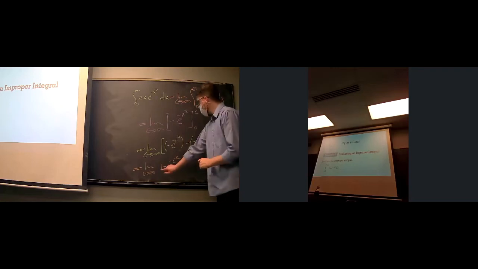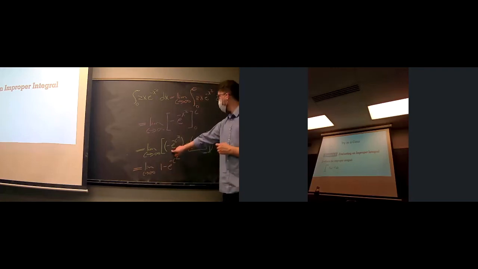All I did was rearrange terms in that last line, right? Because this thing is negative 1. So it's just 1. This thing is just going to be negative e to the negative c squared.